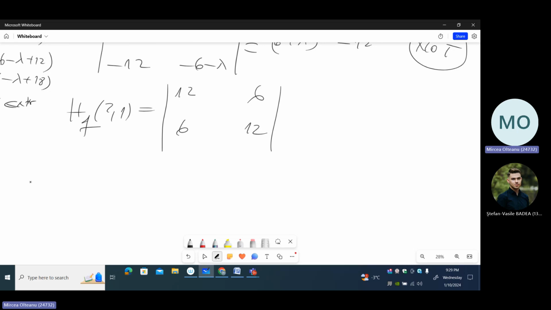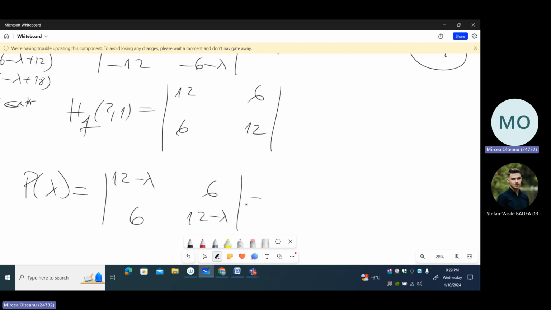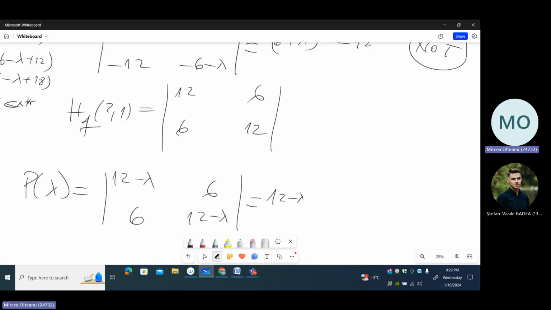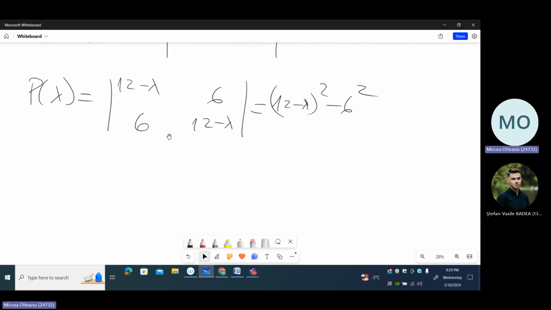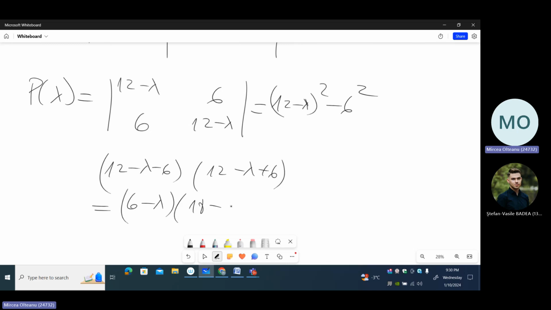The characteristic polynomial will be 12 minus lambda, 6, 6, 12 minus lambda, which means 12 minus lambda squared minus 6 squared. So it is 12 minus lambda minus 6 times 12 minus lambda plus 6. So it is 6 minus lambda times 18 minus lambda.